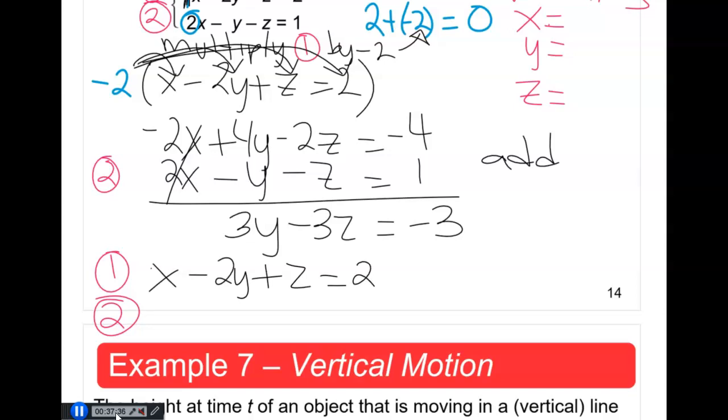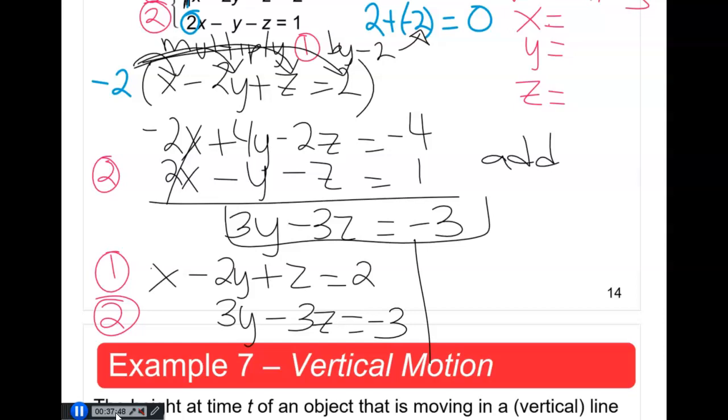And the second equation is this new one here, 3y minus 3z equals -3. So now what I'm going to do is solve for x and y in terms of z.